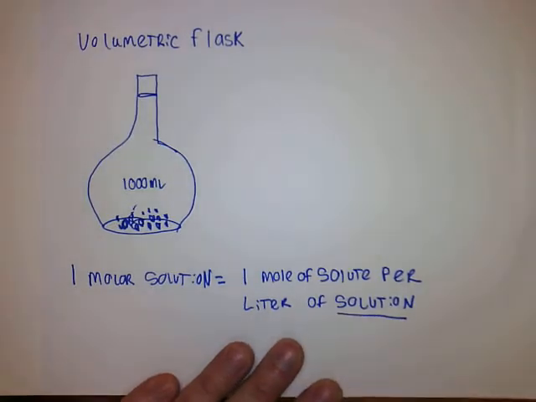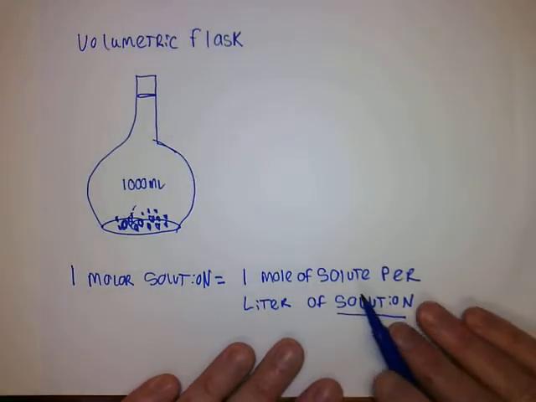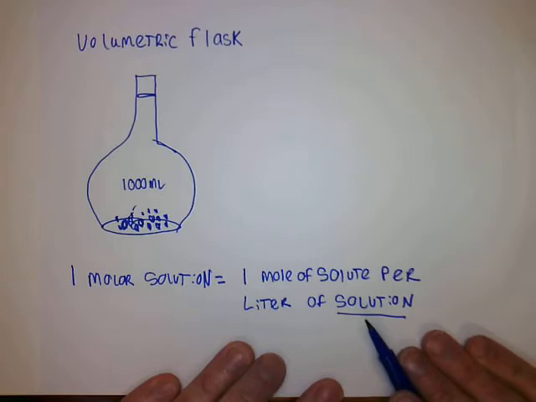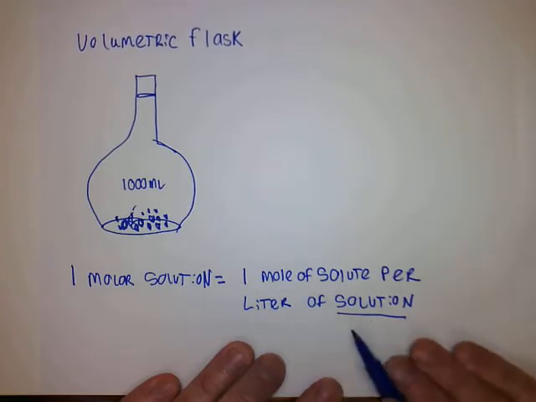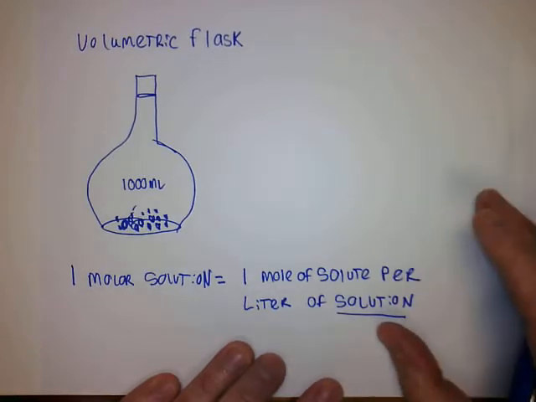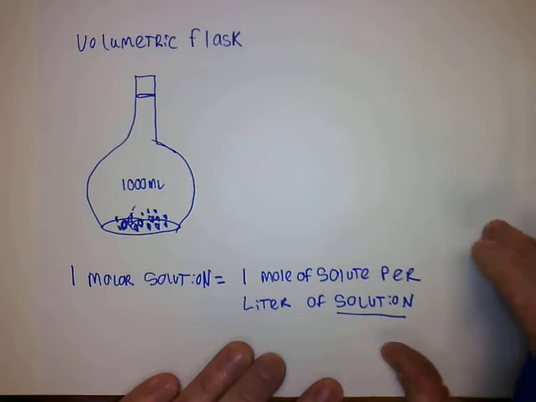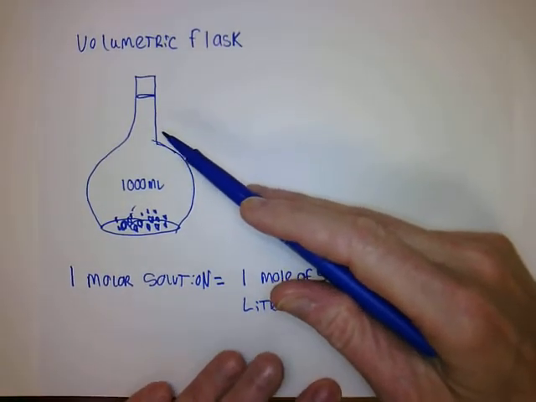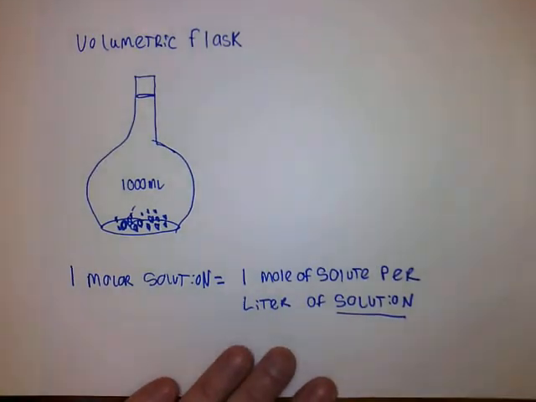Notice I did not say we were adding 1 liter of water. A subtle but important distinction. We're adding enough water to make 1 liter of solution, not 1 liter of solvent. We're not blindly adding 1 liter of water. Well, why is that so important?